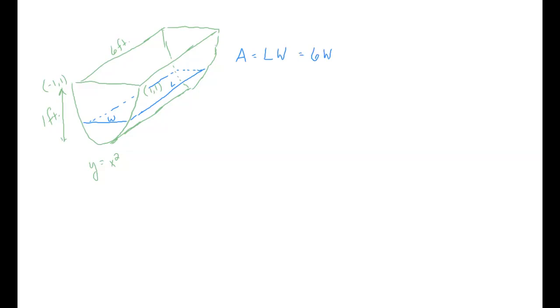So we need an expression for the width of that rectangle in terms of its depth, in terms of y. And all we know is y equals x squared. So let's add in our coordinate system. I'm going to put my y-axis right there in the middle. Here's the point 0, 0.